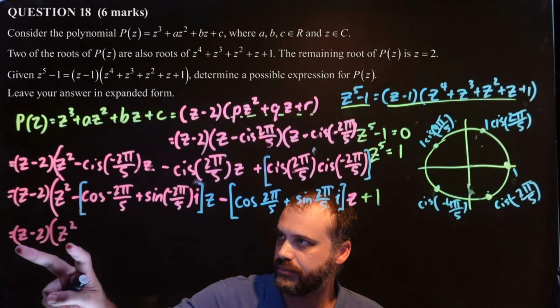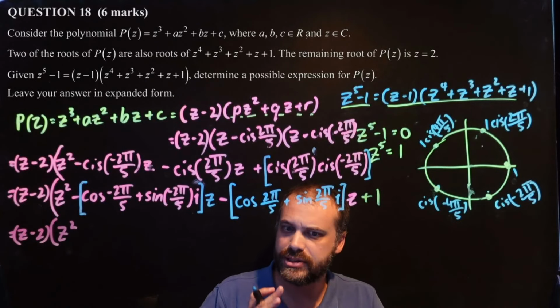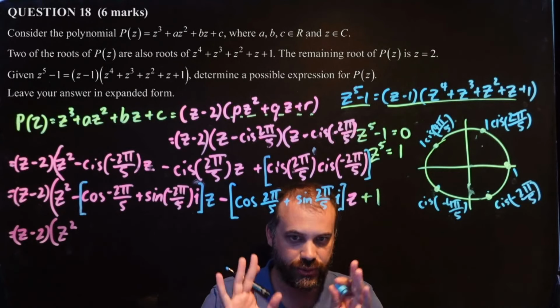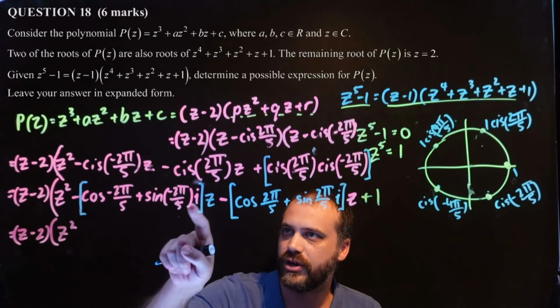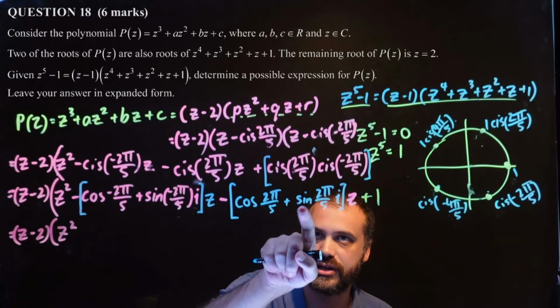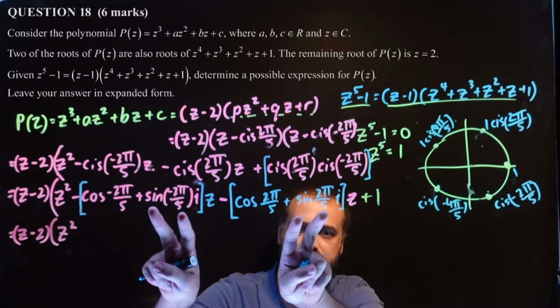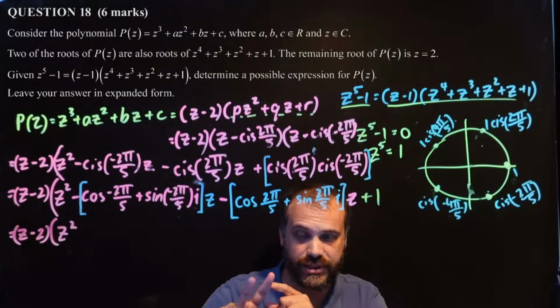I've just rewritten my next line, or at least started to. There's something here that maybe is not going to be immediately obvious to you, but hopefully when I explain it, we'll get there. Look what we have. We have sine negative 2 pi on 5 i and we have sine 2 pi on 5 i. The magnitudes of these values are going to be the same.